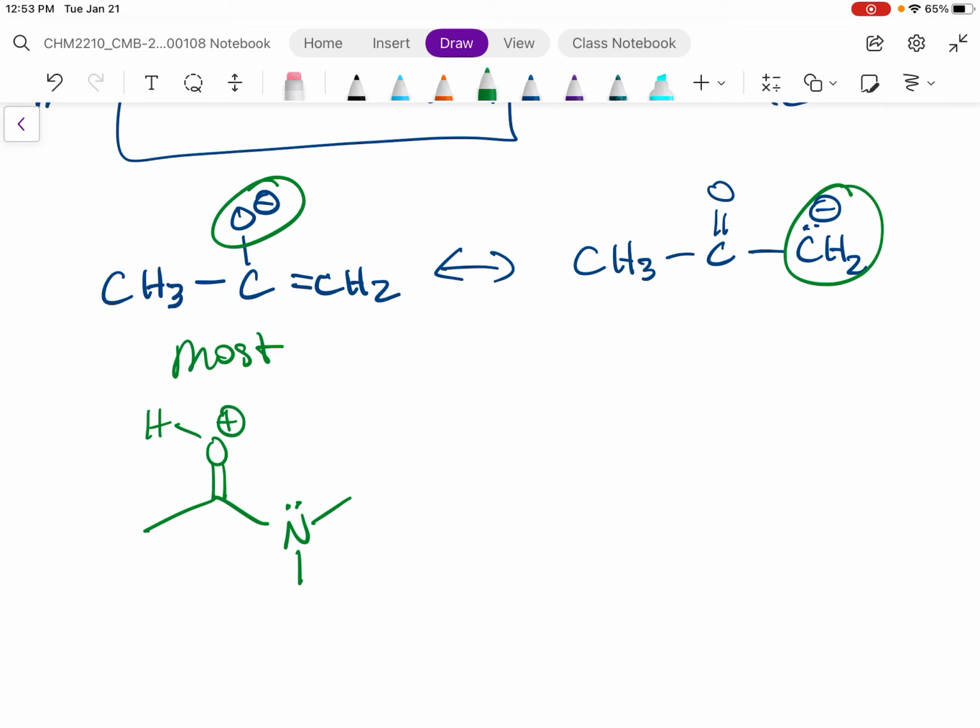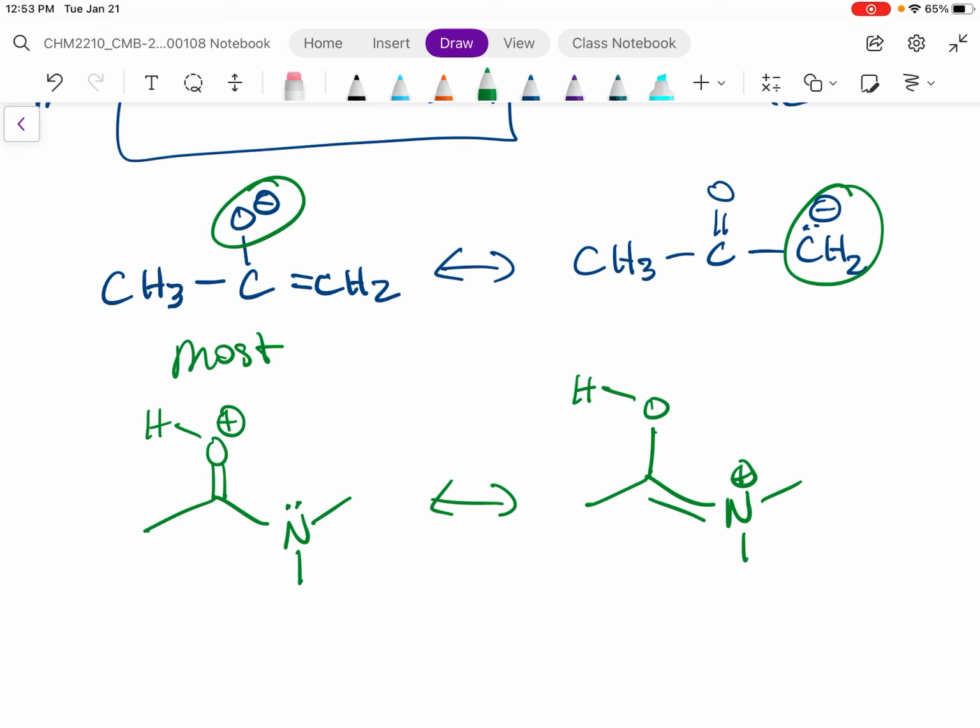Okay, so we have a protonated amide. Versus something like that. Okay? So we're using rule 3 here to kind of help evaluate this one.